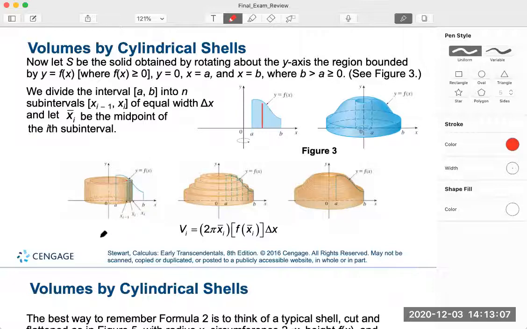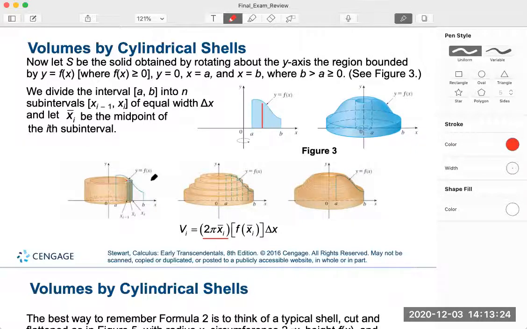Okay, then at each line here, you can compute the volume when you cut the cylinders. The length of that will be 2 pi x.